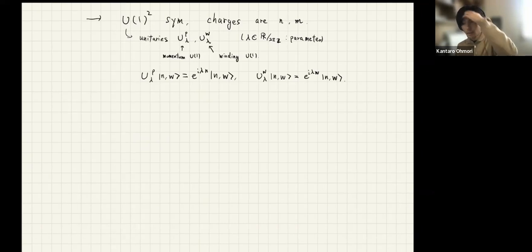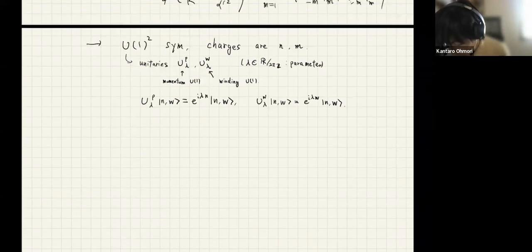These operators commute with the alphas, so the oscillation does nothing. It's just the momentum and the winding.